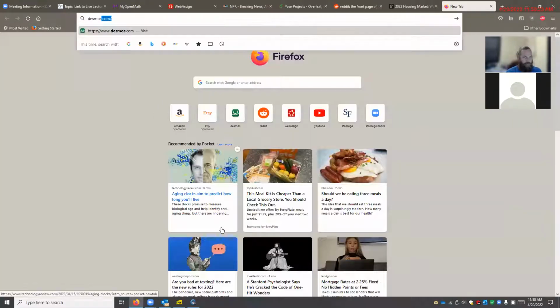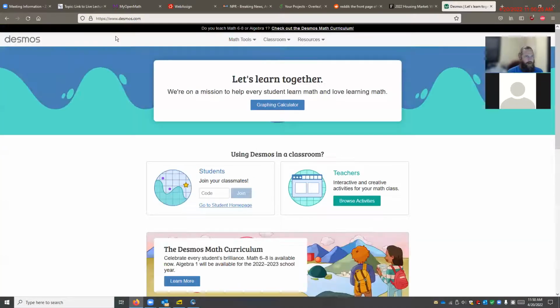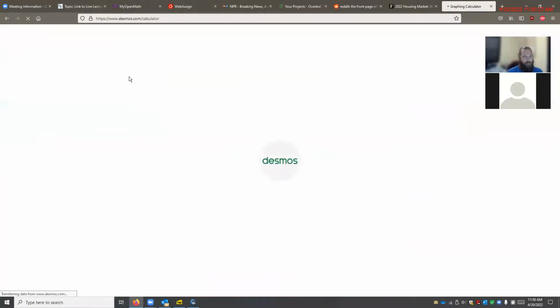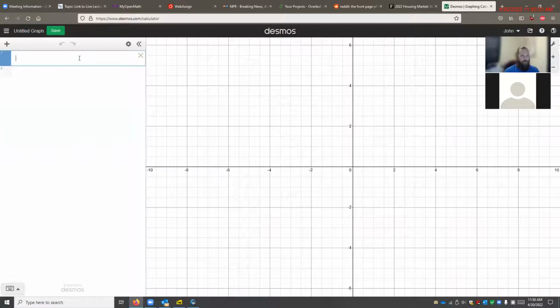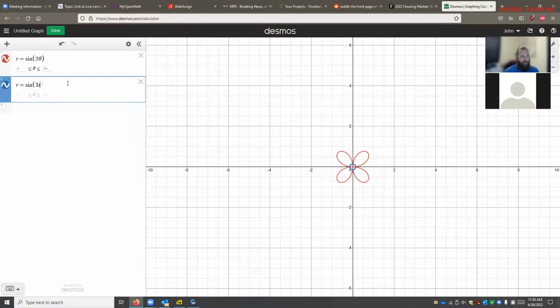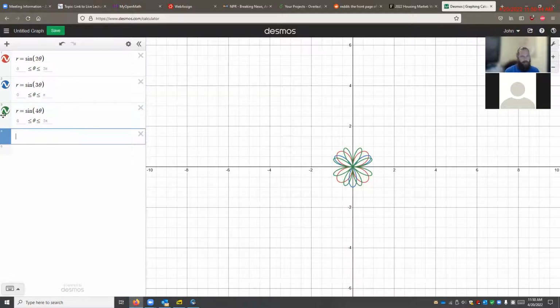Nobody did this, we should do it together. So r equals sine 2 theta. r equals sine 4 theta. Sine 2 theta has 4 petals. Sine 3 theta has 3.